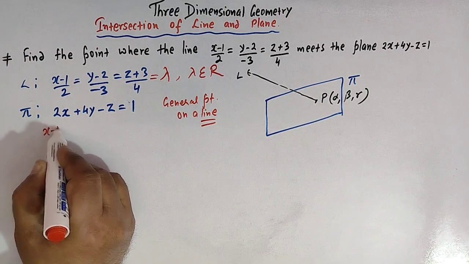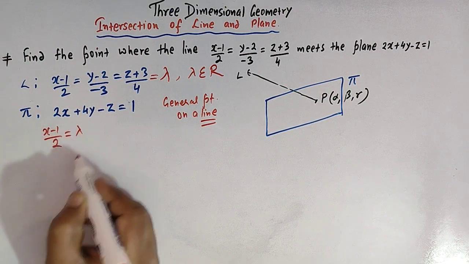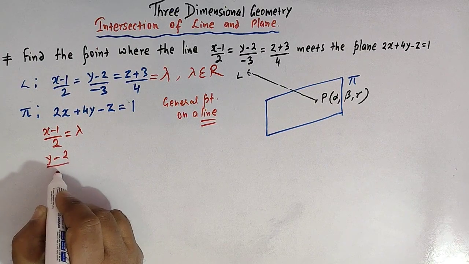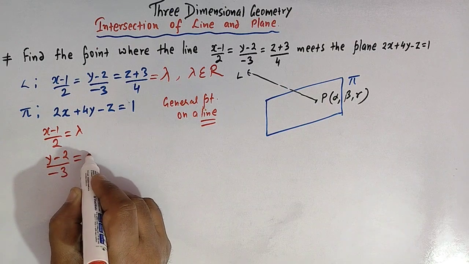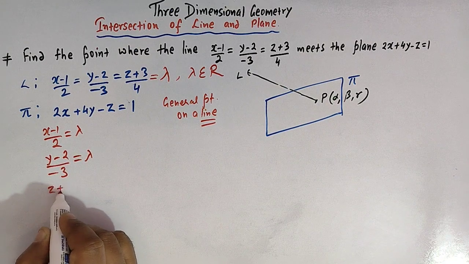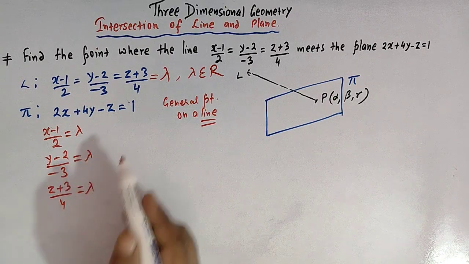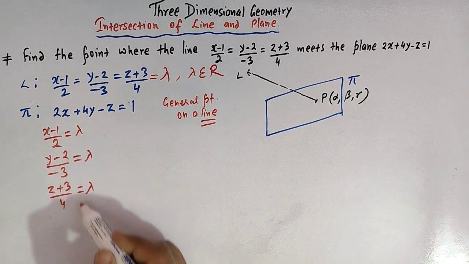We'll write (x minus 1) over 2 is equal to lambda, then (y minus 2) over minus 3 is equal to lambda, and then (z plus 3) over 4 is equal to lambda. So we'll form three equations.